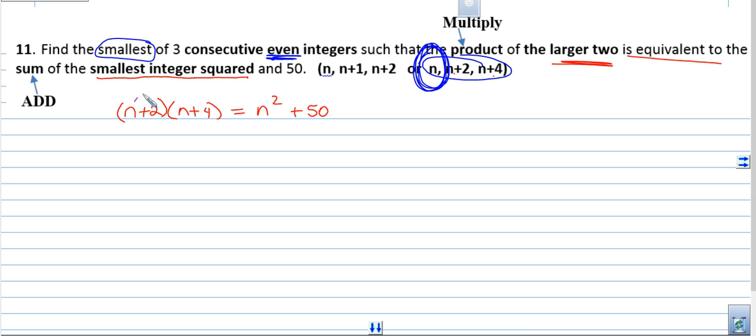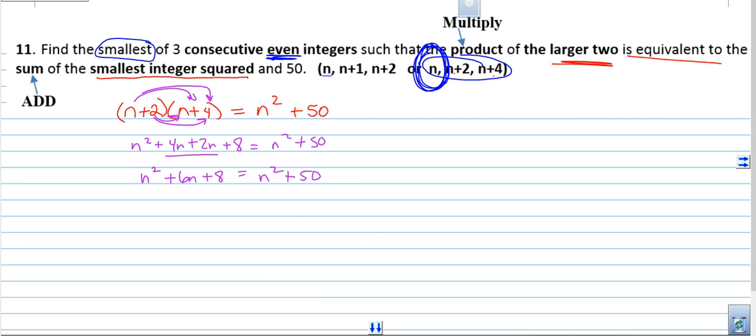So you're going to multiply this out, and we did the box method, or you could do the distributive method that I'm showing you now, where n times n, which is n squared, n times positive 4, 4n, 2 times n is positive 2n, 2 times 4, positive 8, 4n plus 2n is 6n, so you got n squared plus 6n plus 8 equals n squared plus 50.